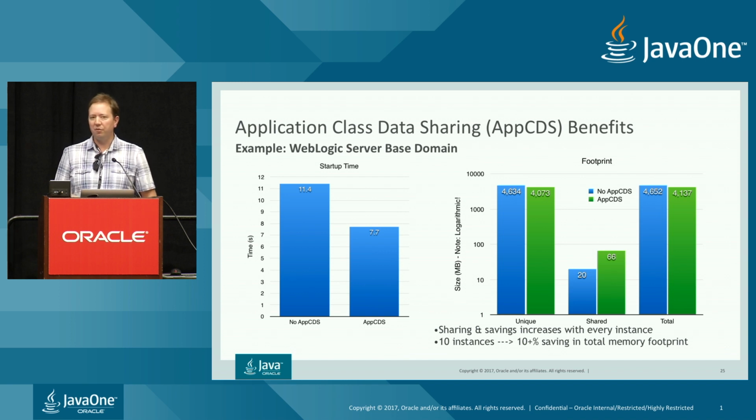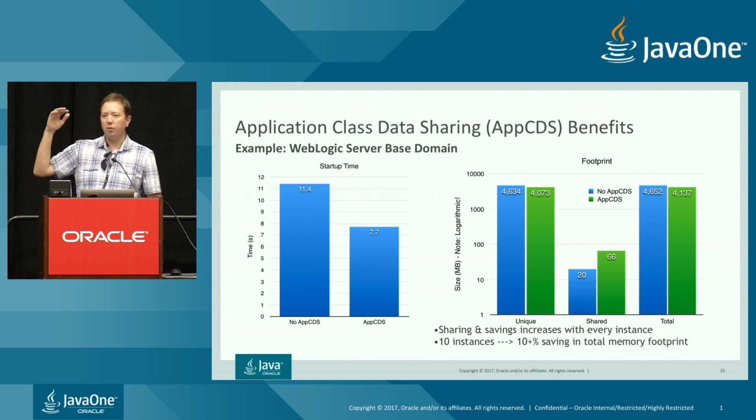But I think from what we've seen, that's a very typical deployment environment, and I think it's even more common with environments like Docker, where you actually have the exact same image and you stamp out multiple different containers from that. So the nice part here is that this works together with Docker as well. As a matter of fact, if you place the shared archive in a layer that gets shared across Docker containers, then it will work very much like operating system shared libraries.